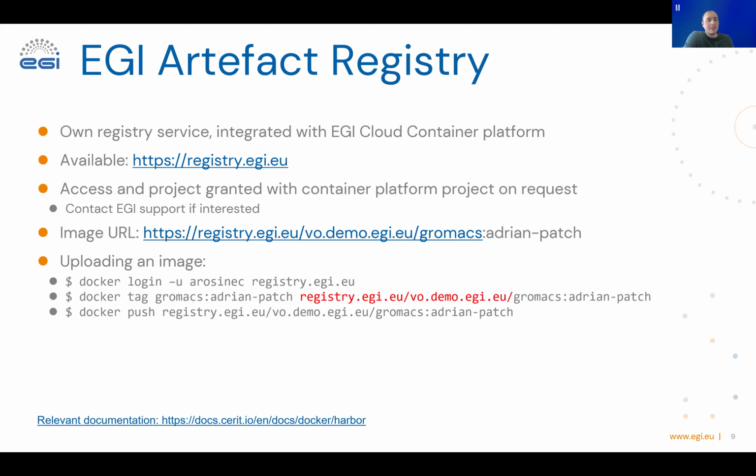So then, for example, the image URL looks like this: registry.egi.eu, then there is the project name, which in this case is vo.demo.egi.eu. And then, as the last part, you have the name of the image itself with the tag.